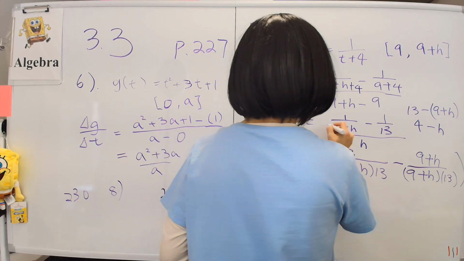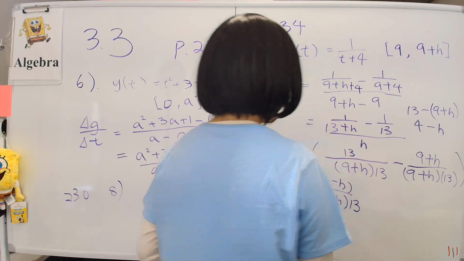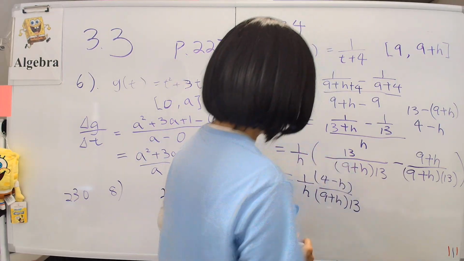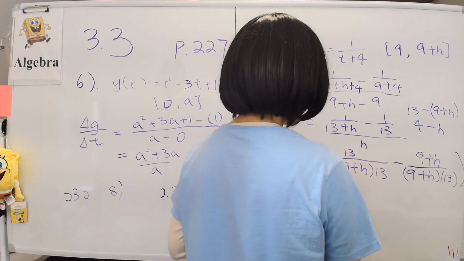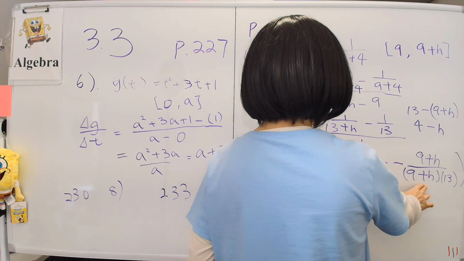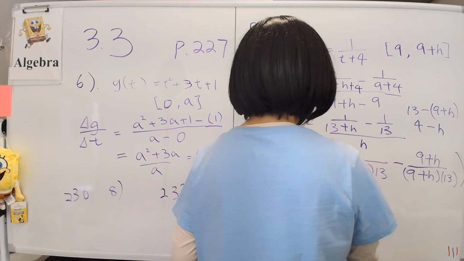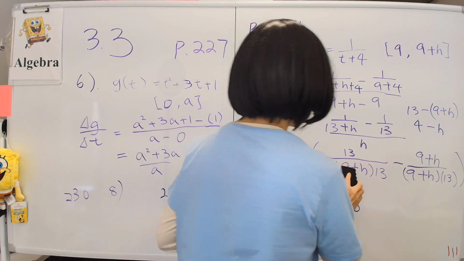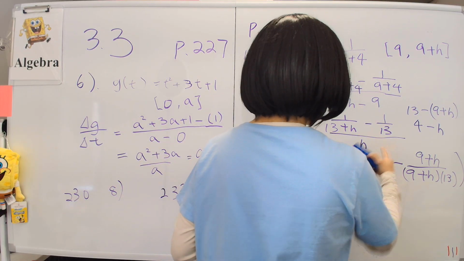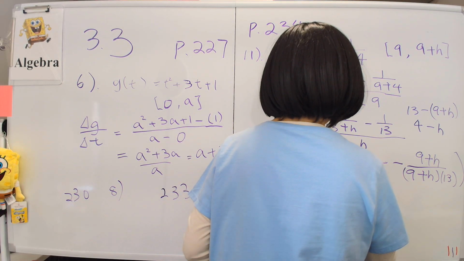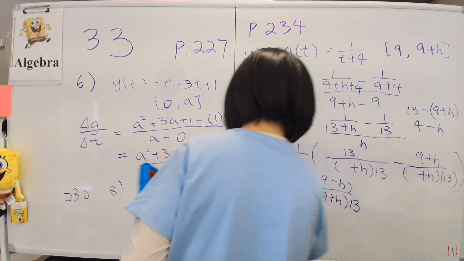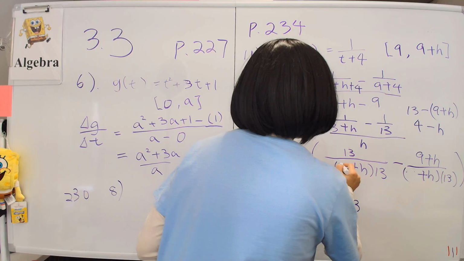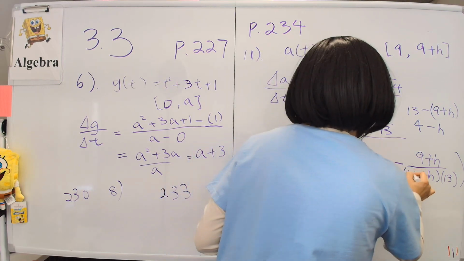Okay, so this is actually 13 plus h, and that changes things. So instead of 9, it should say 13 plus h, to be the common factor. So that's 13 plus h, and that's 13 plus h. Okay, let's write that out.